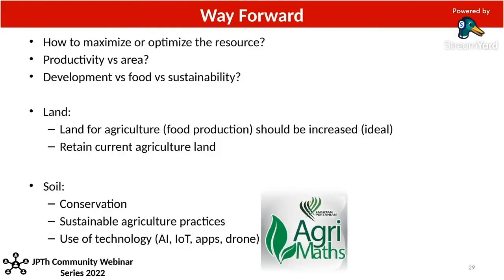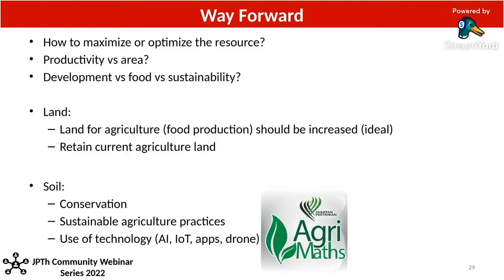Okay, the way forward: how we can maximize or optimize the resources, in this case land and soil. It's either we increase the productivity or we increase the land area. If we want to go for productivity, what can we do? Basically, we can practice sustainable and precision agriculture.